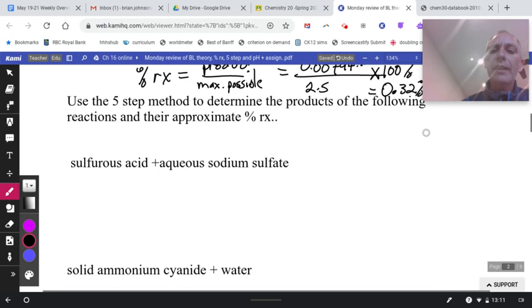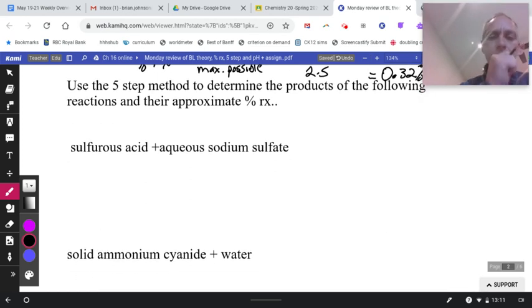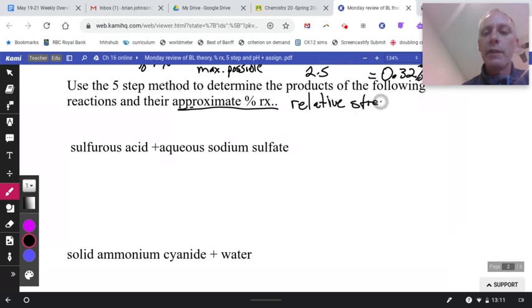Okay, last topic was the five-step method with Bronsted-Lowry theory. So predict the products of these reactions and their percent reaction. To do the approximate percent reaction, we need that relative strengths table where we can look up greater than 50 and less than 50.